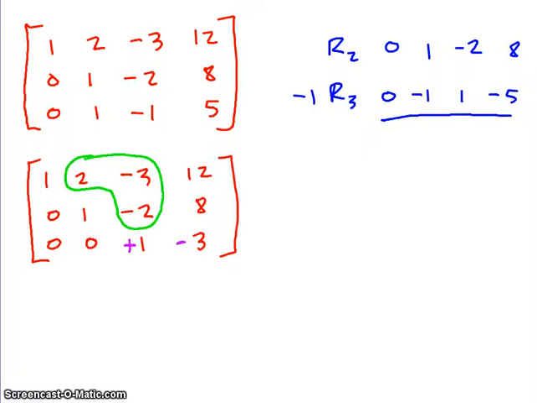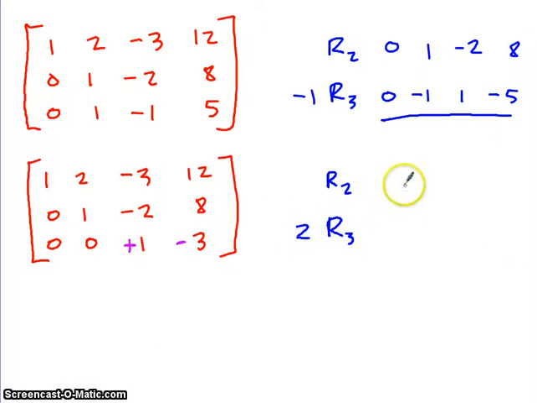We're going to obtain zeros by first starting with row 2 and row 3. We're going to add those two rows together and eliminate the negative 2 there, the row 2 column 3 position. So let's add row 2 and row 3 together, and we're going to multiply row 3 by a positive 2.